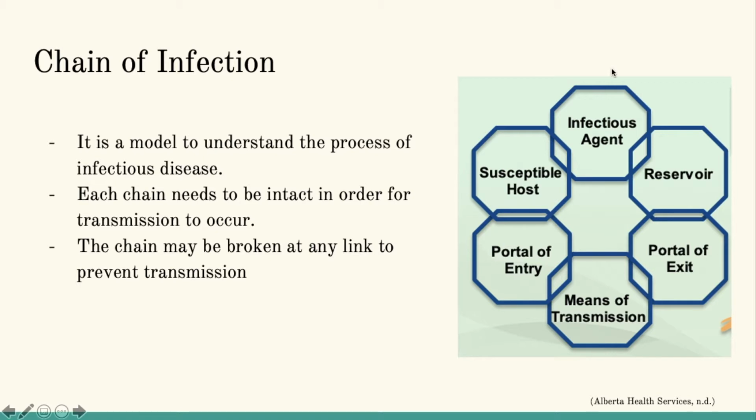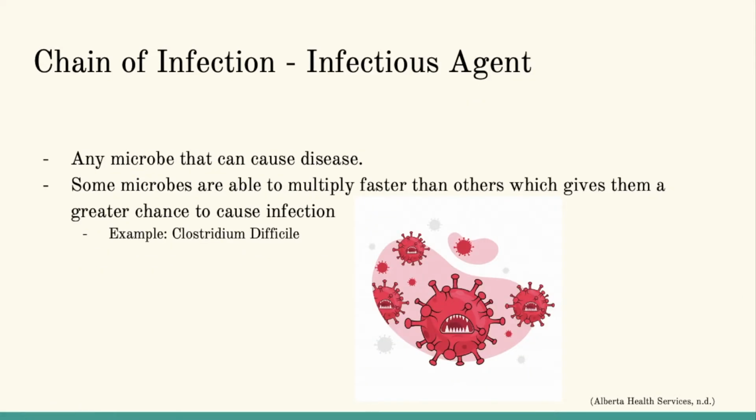We have an infectious agent, a reservoir, portal of exit, means of transmission, portal of entry, and a susceptible host. If we break any link in this chain, that will stop the chance of infection, and there are many things we can do to do that. So we're going to talk a little bit about each link.